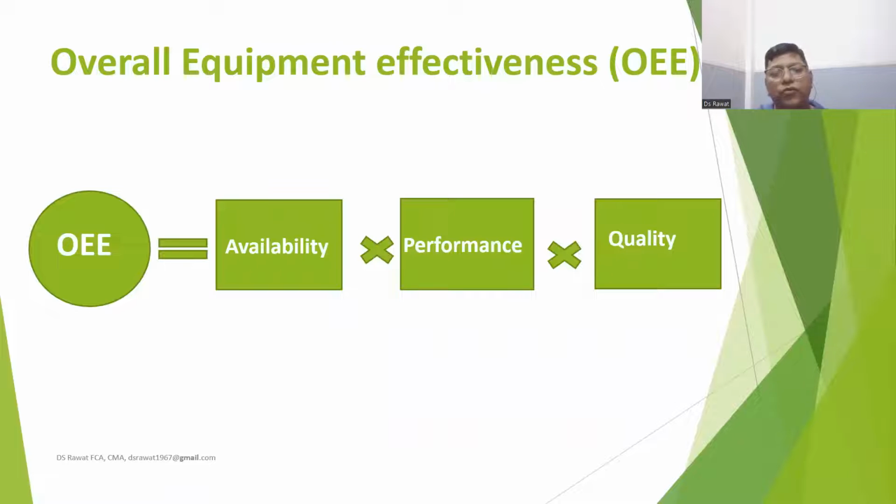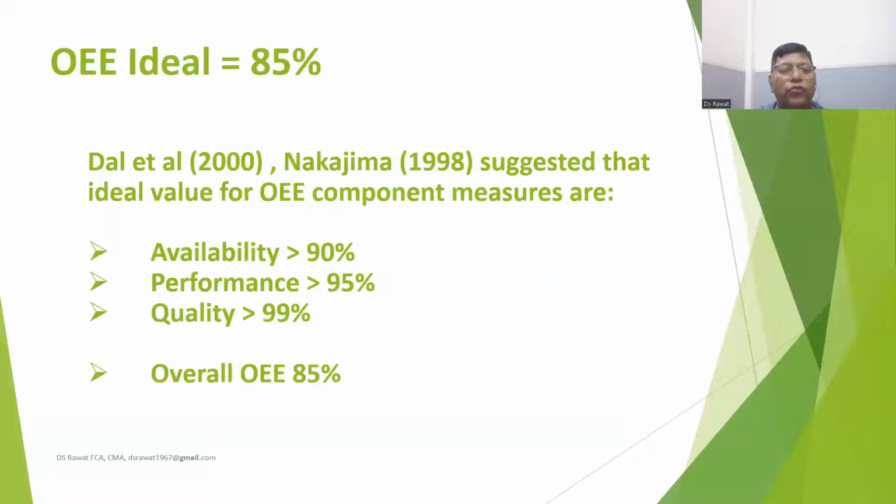Now we will come to know what is A, what is P, and what is Q. But before that, we will go to what the OEE should be. OEE ideally should be greater than 85%. And since it is a composition of A, P, and Q, there should also be measurement of the individual factors.